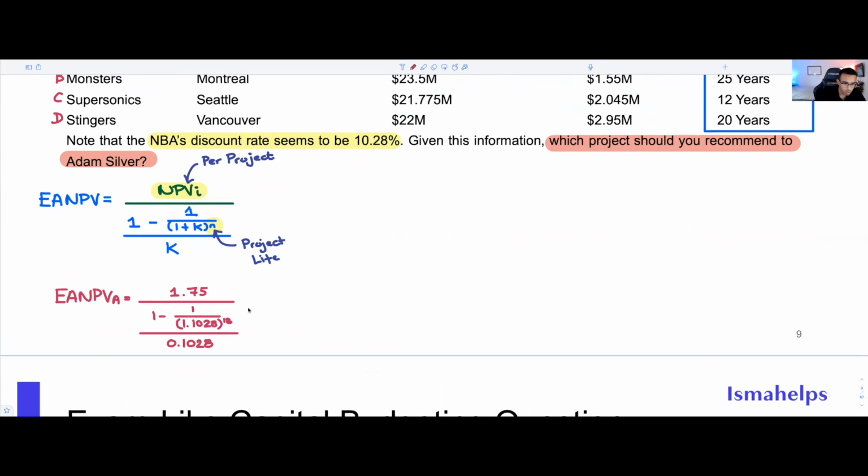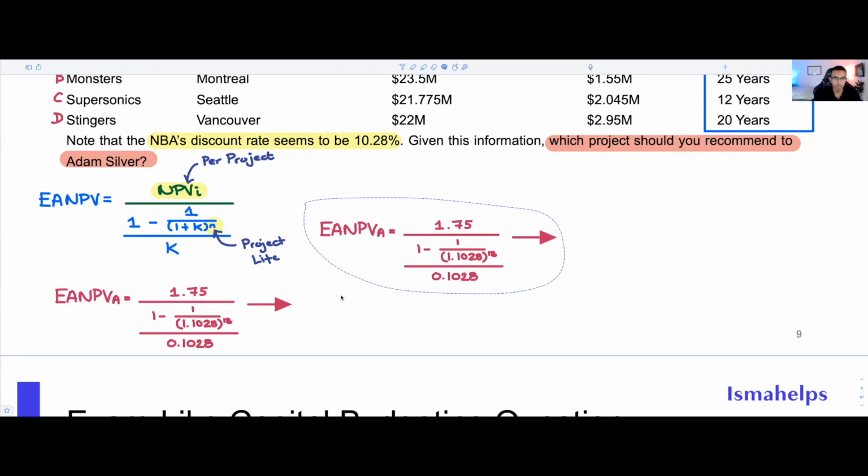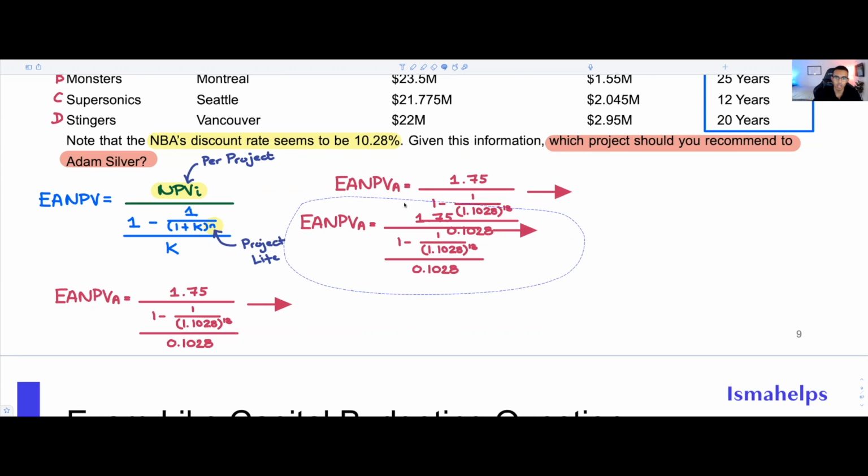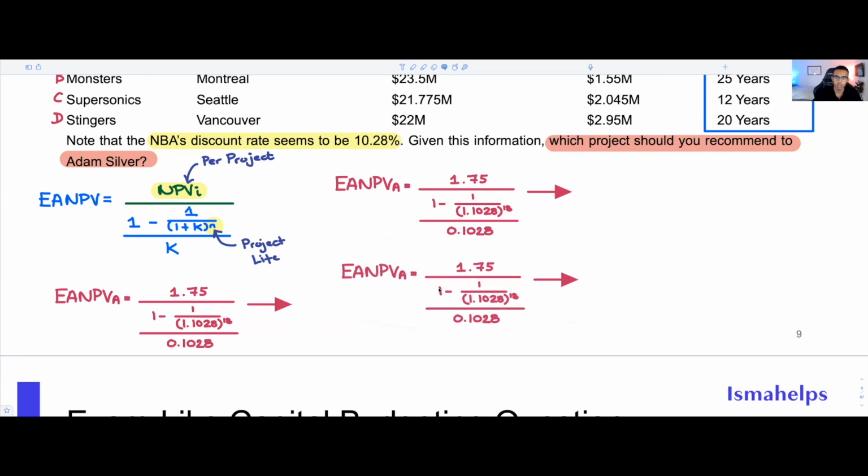I'm also going to copy this immediately so we have a framework to use for every single project. I'll do it another time because we're going to be looking at a few different projects.